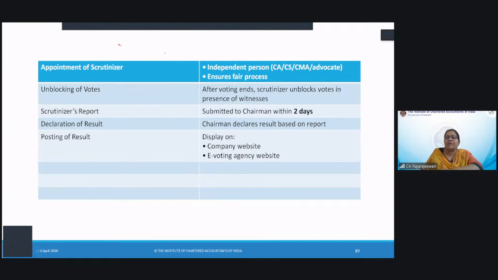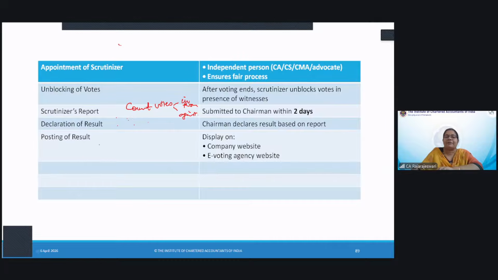After voting ends, the scrutinizer unblocks the votes in the presence of witnesses and prepares a report. He should count the votes cast in favor and against. Both he will count separately and submit a report: the total votes cast, how many members voted for the resolution, how many voted against the resolution.